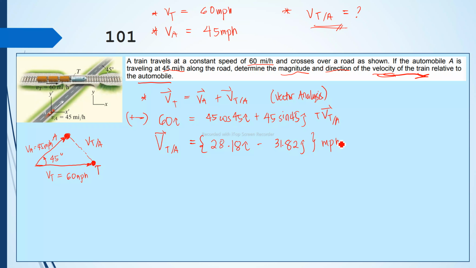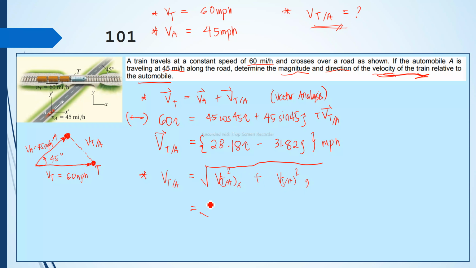Now we're asked to find the magnitude. So the magnitude of the relative velocity of the train with respect to the automobile is just equal to the square of the relative motion of the train along x and the square of the relative motion of the train with respect to the automobile on the y component.